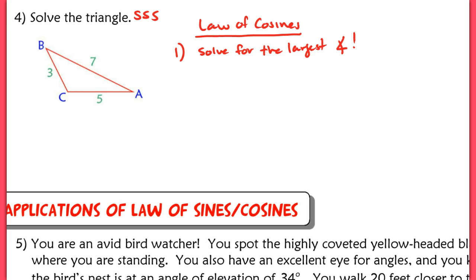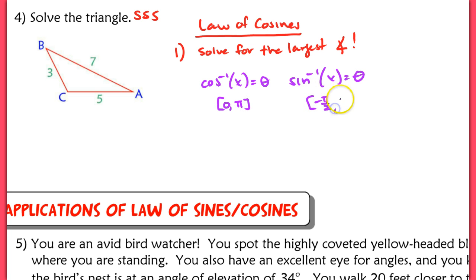Now the reason we solve for the largest angle is really abstract, and it relates back to the range of your inverse cosine function and your inverse sine function. Now our inverse cosine function has a range of 0 to pi, while our inverse sine function, I know I've said this a bunch of times already, has a range of negative pi over 2 to pi over 2.